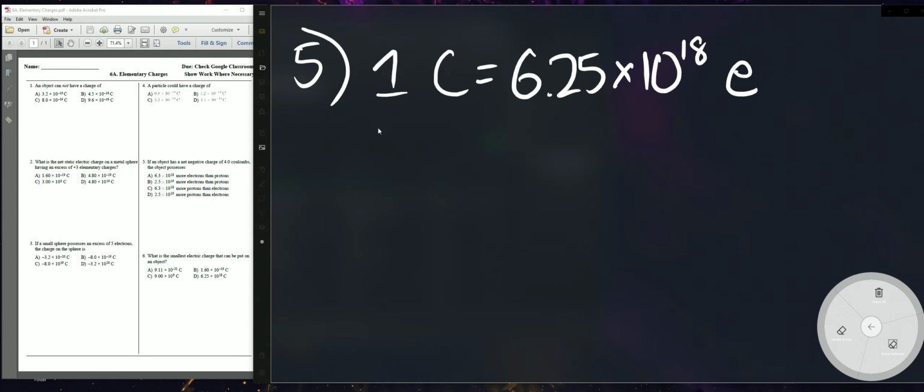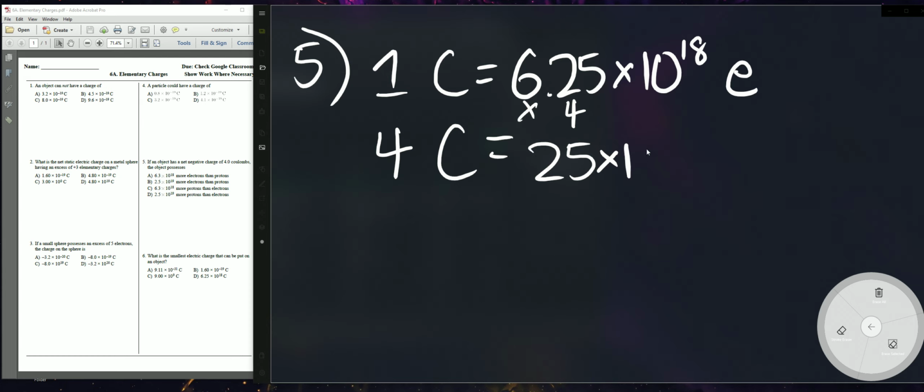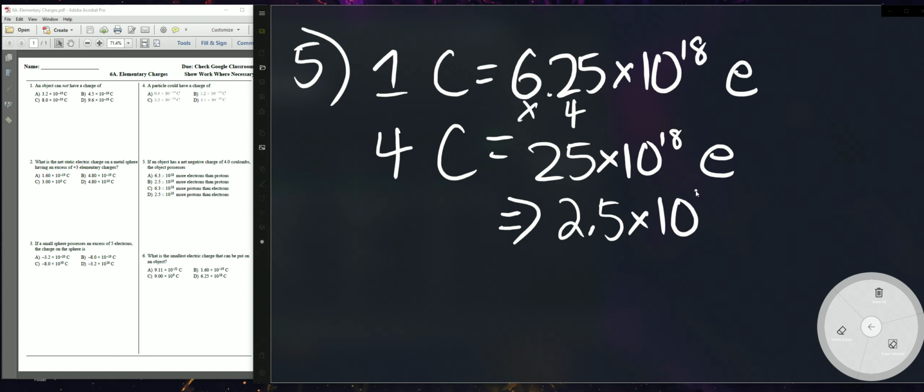If we have 4 coulombs of charge, we're going to multiply this number by 4. 6.25 times 4 is going to give you 25 times 10 to the 18 elementary charges. And we move the decimal place over, and this gives you this number right here.